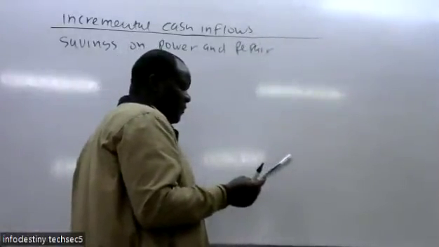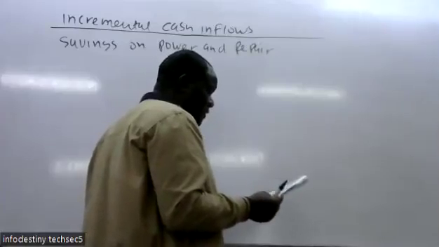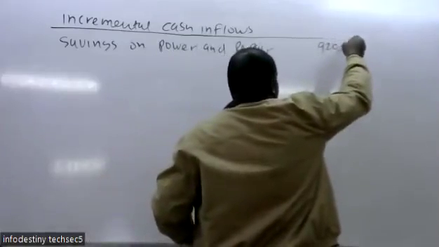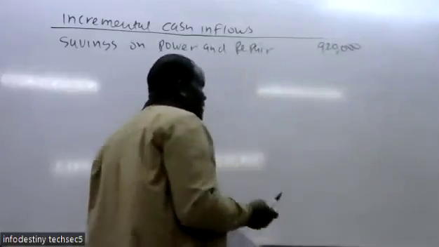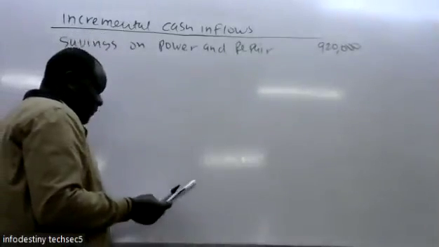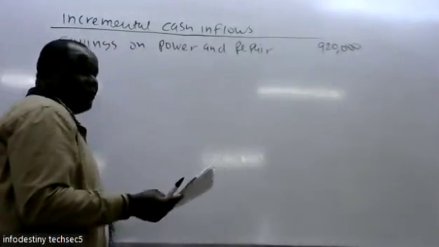So savings on power and repairs, the amount there is 920,000. Then apart from that, there was another item: savings on the defective bottles of 120,000.